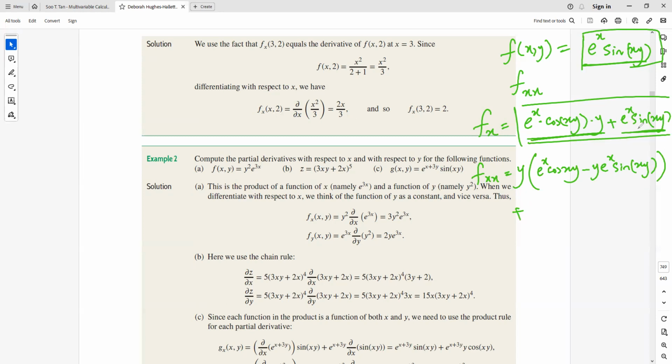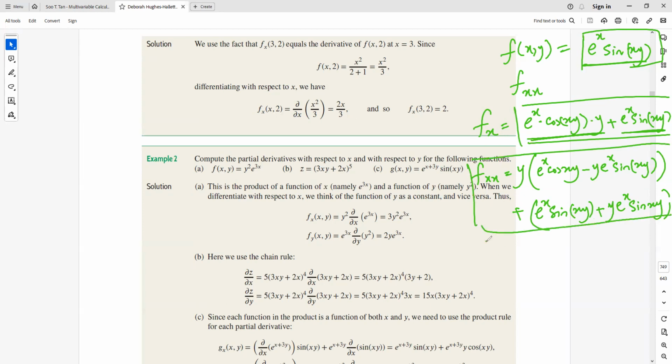Plus, now we differentiate this one, so it's e power x sine xy plus y times e power x cosine xy. Now we can just simplify this and you will get fxx.